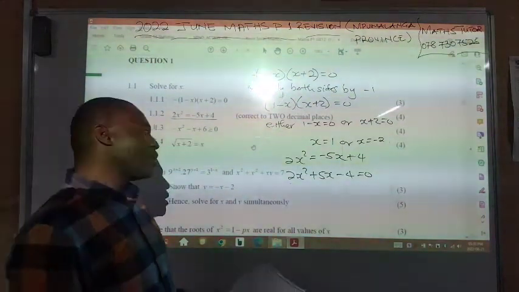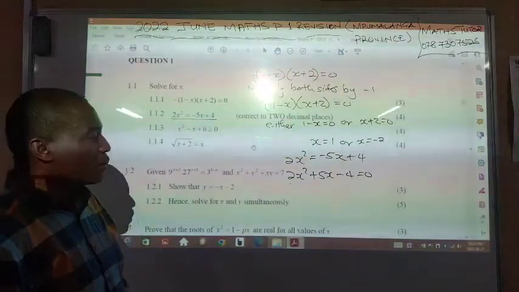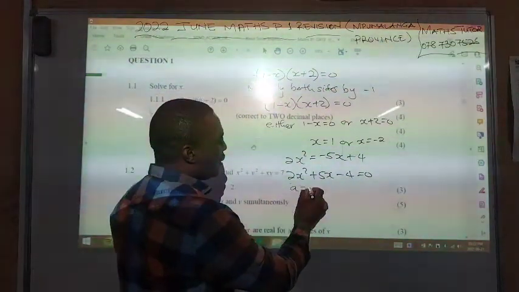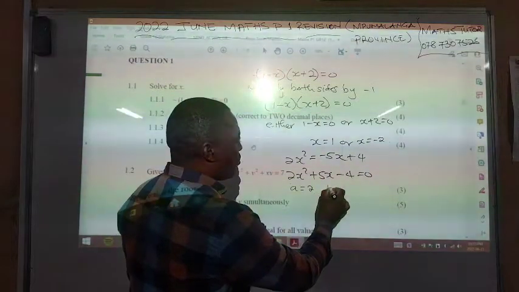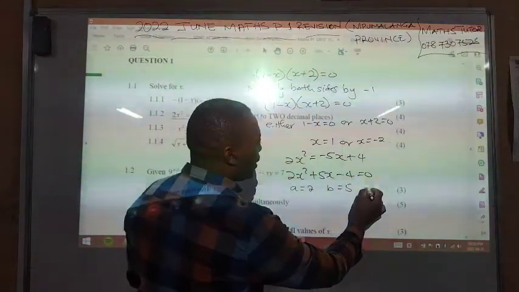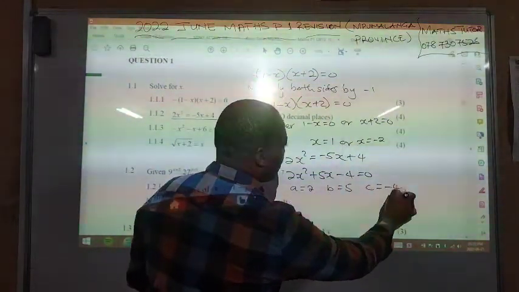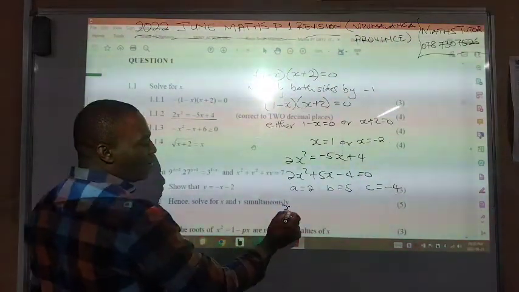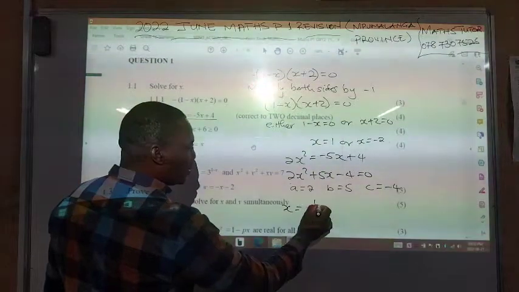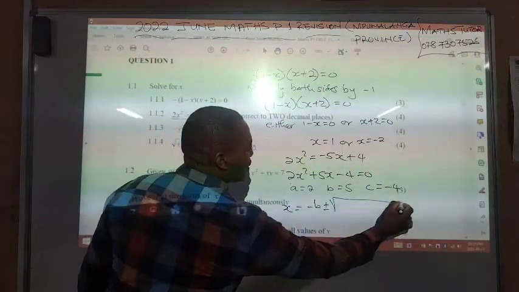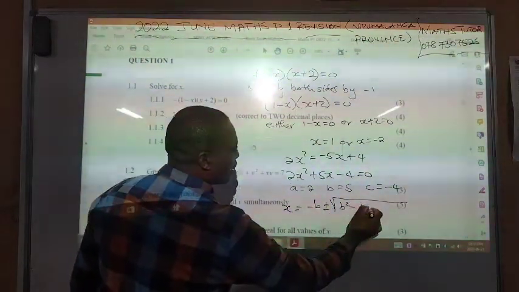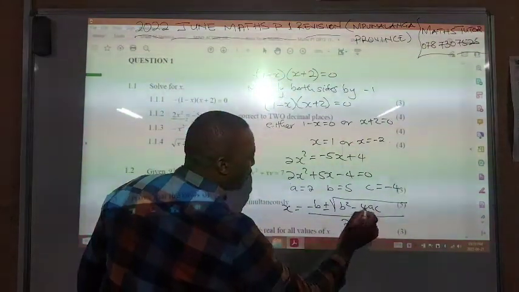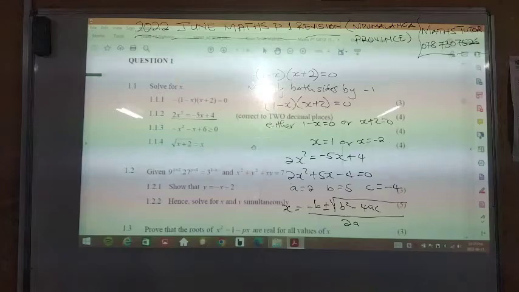Alright, but then most learners, they resort to the quadratic formula. So you are having your a is 2, b is 5, and then c is negative 4. Quadratic formula says x is equal to minus b plus or minus square root of b squared minus 4ac over 2a.